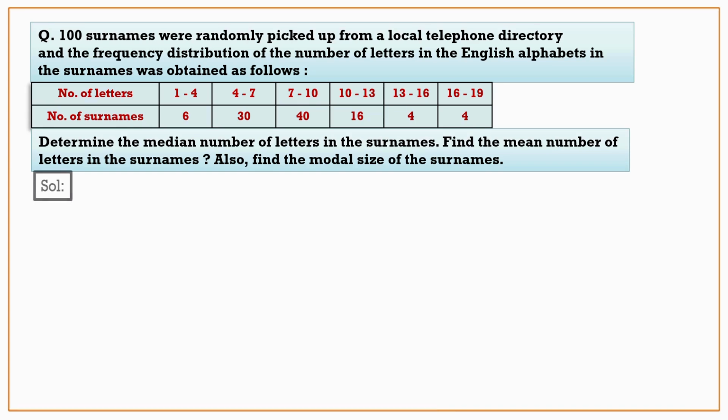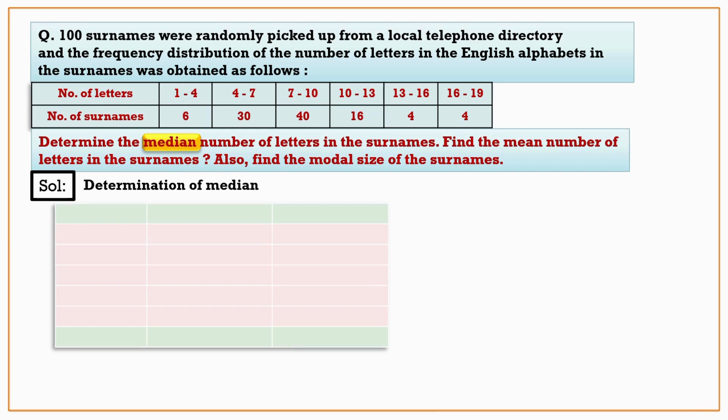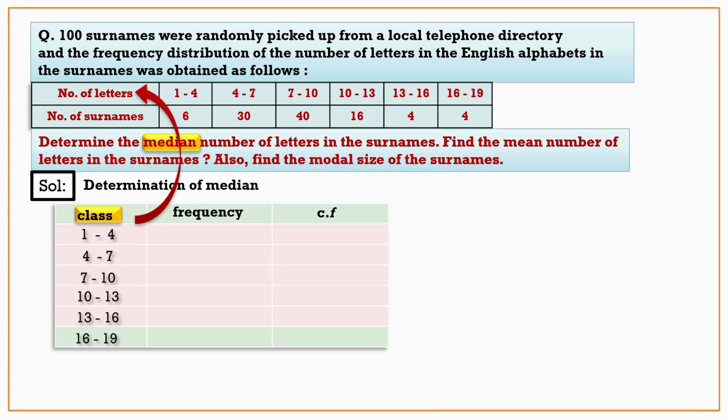Okay, so let's solve this. First let us find the median. The determination of the median can be done by writing the class interval, frequency, as well as the cumulative frequency. So let's just copy the class interval. Here also the class is continuous.